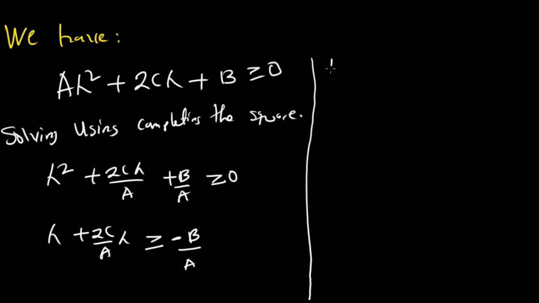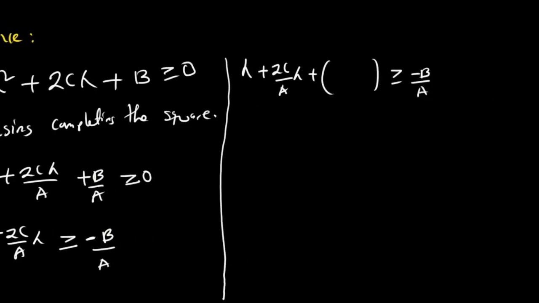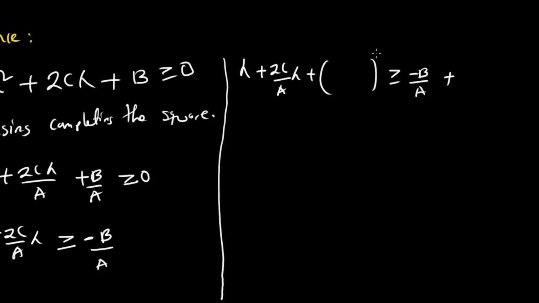So here is going to be lambda squared plus 2C over A lambda plus a big open bracket, greater than or equal to negative B over A, and again the same thing plus a big bracket squared. If you are not used to solving quadratic equations using completing the square, this is the right time to check how it's done. So this is how we solve a quadratic equation using completing the square.